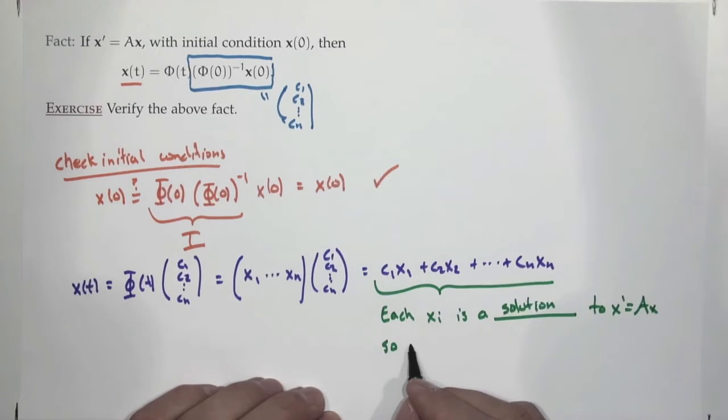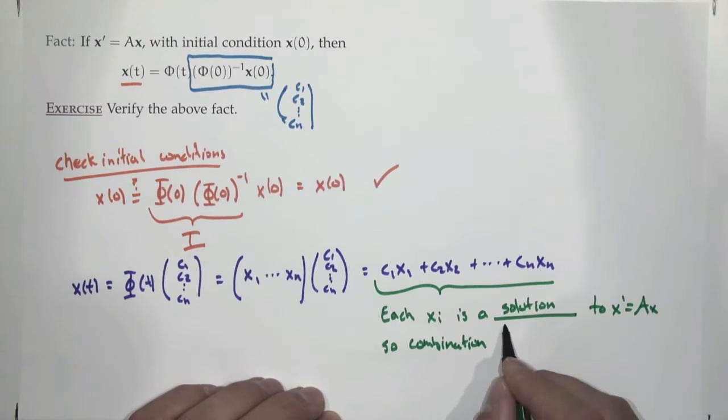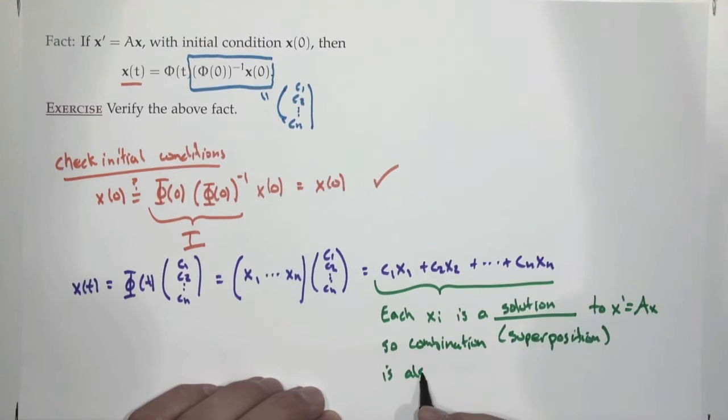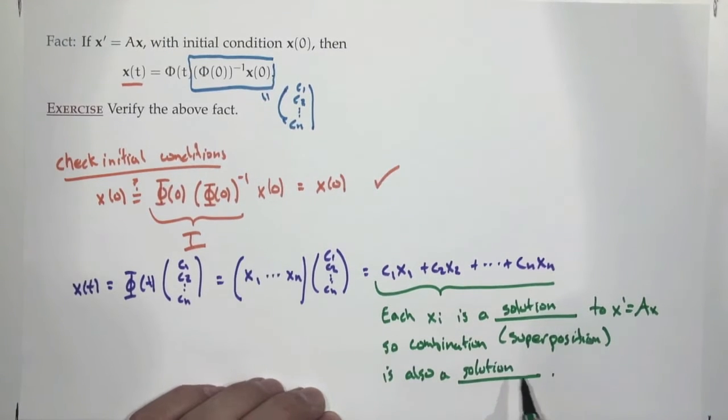So they're a combination, in other words, their superposition, that's what we mean by their combination, is also again a solution. Since we know that the pieces that make up this expression are indeed individual solutions, putting them all together gives a solution. And so we're done.